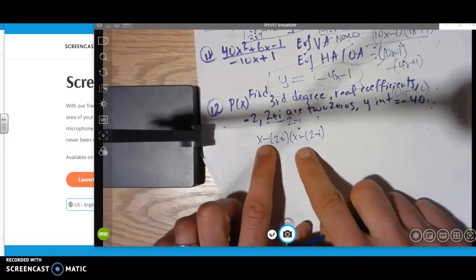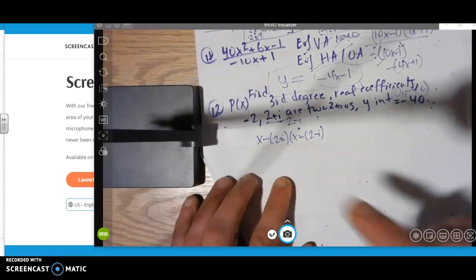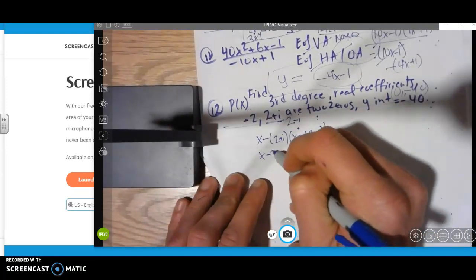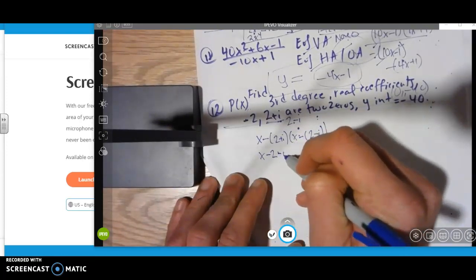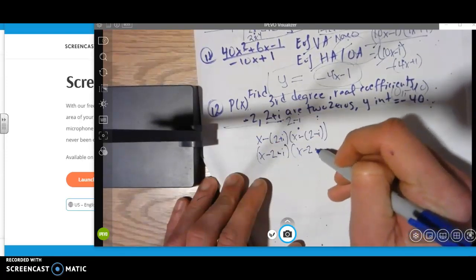It's going to be x minus in both cases, and then the roots go here as x minus whatever the root is. We have to multiply this out, so it's x minus 2 minus i times x minus 2 plus i.